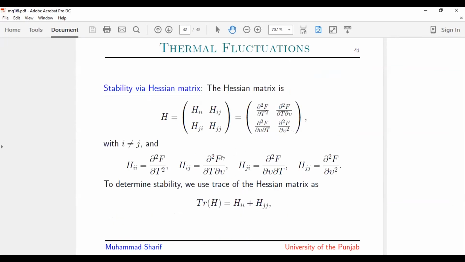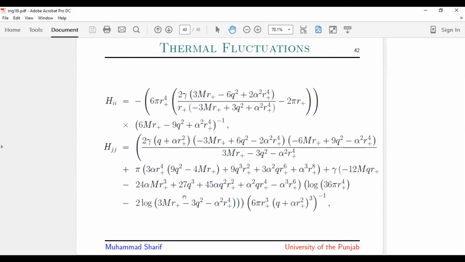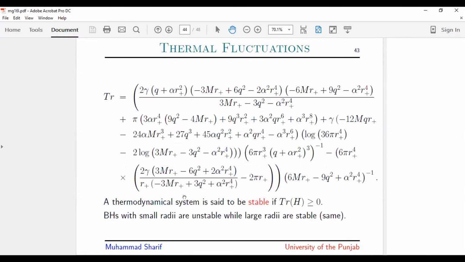We can also check stability through the Hessian matrix. This is defined by this, obviously here i not equal to j, and we can define these quantities. So to determine stability, we use the trace of the Hessian matrix, which is defined by this expression, and we can calculate the trace of the matrix.